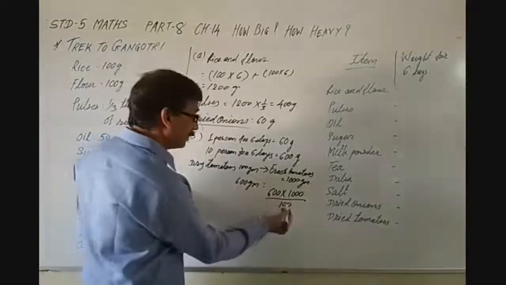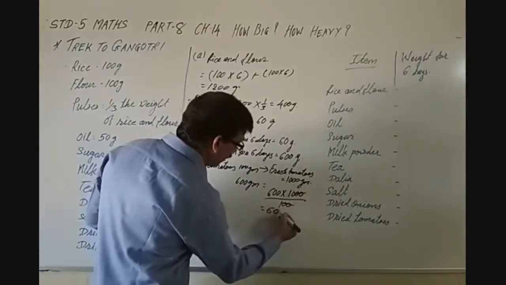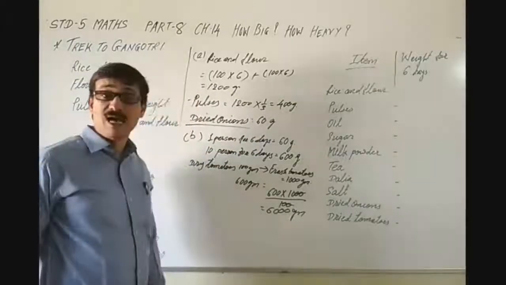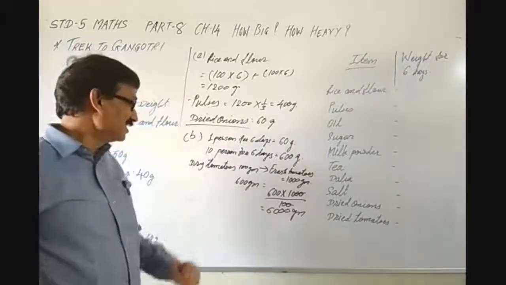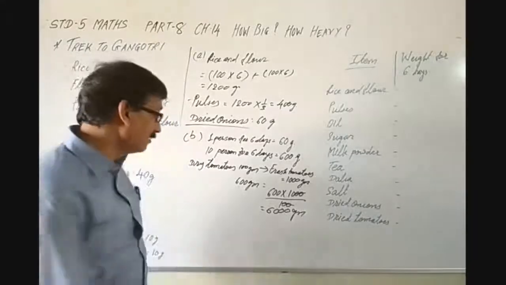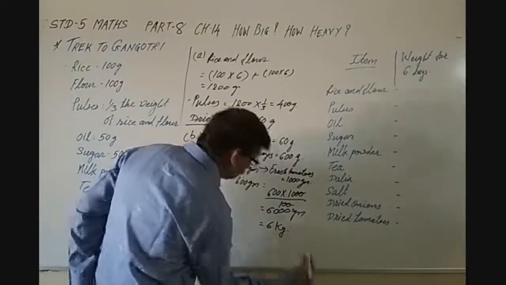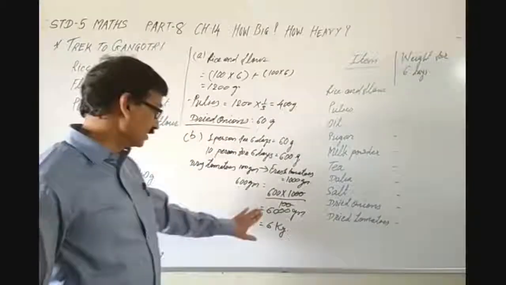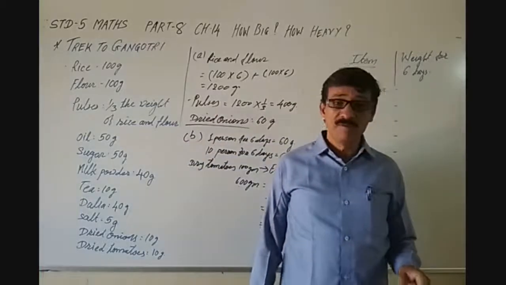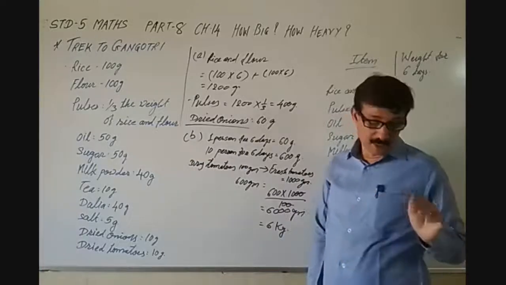So m is equal to 6,000 gram. Now 6,000 gram is equal to what, you know? 6,000 gram is equal to 6 kilogram, isn't it? You must be aware of this. Okay, so 6 kilogram of fresh tomatoes we require, isn't it?